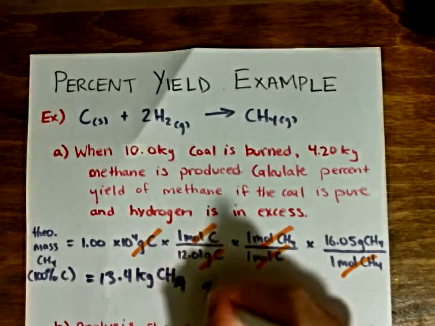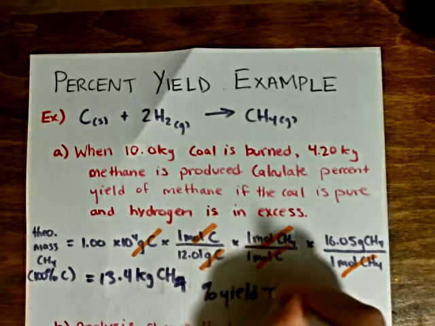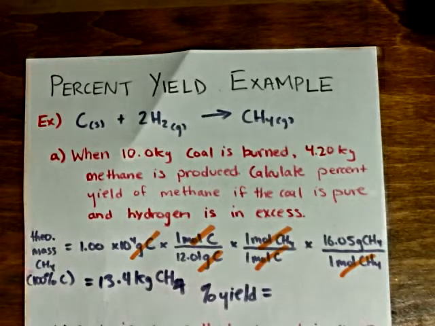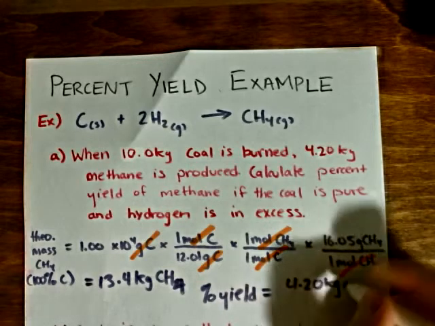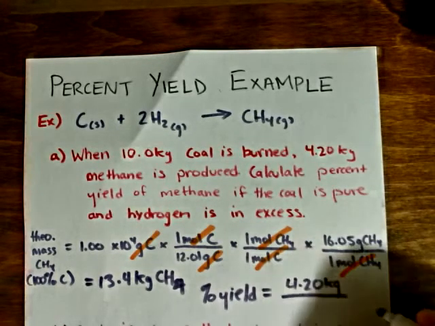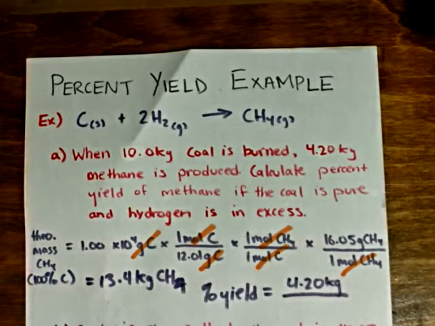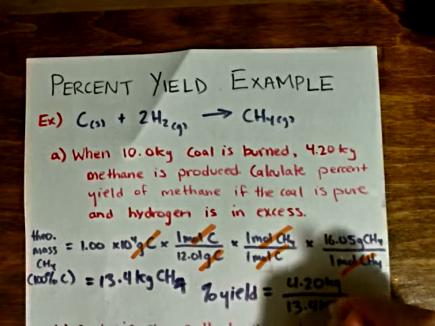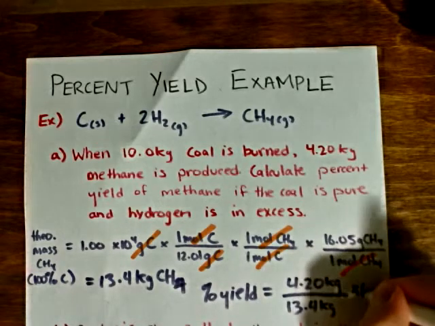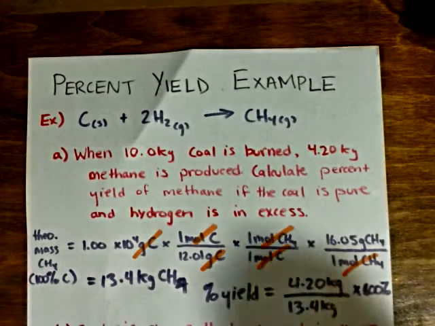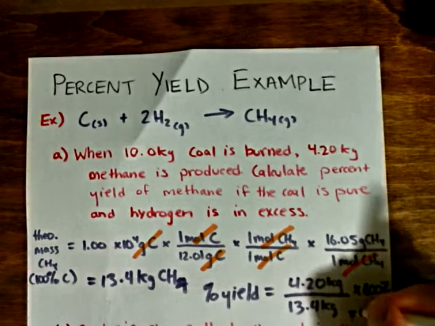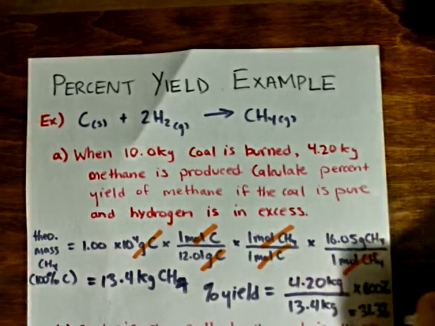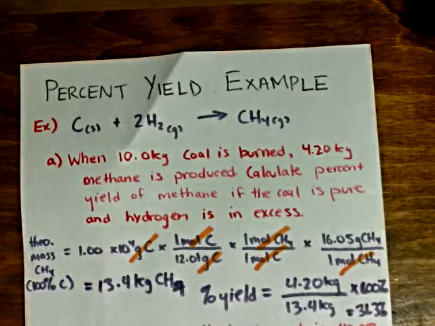The percent yield will be equal to the actual mass of methane, which we were given above, 4.20 kilograms, divided by the theoretical mass of methane, which we just calculated to be 13.4 kilograms, times 100%, which gives us a percent yield of 31.3% for methane.